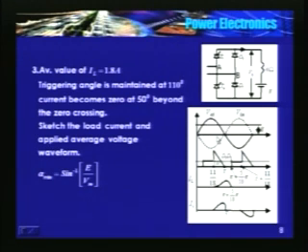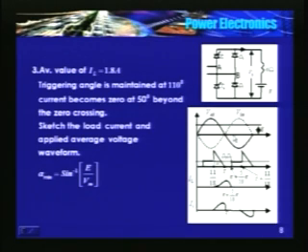The thyristor is triggered at 110 degrees. The problem says that current becomes 0 beyond 50 degrees, in the sense you have triggered at 110, current starts flowing, and it becomes 0 beyond this point.